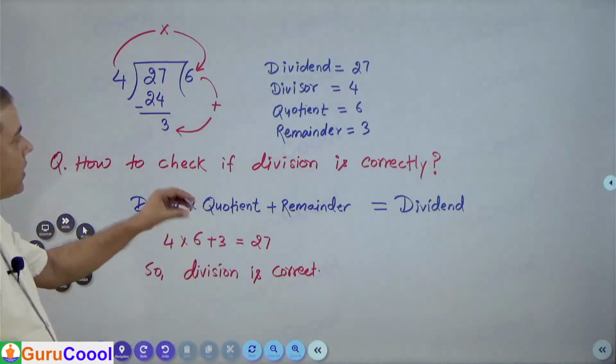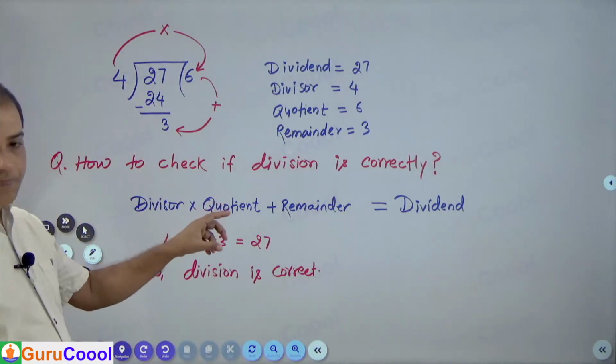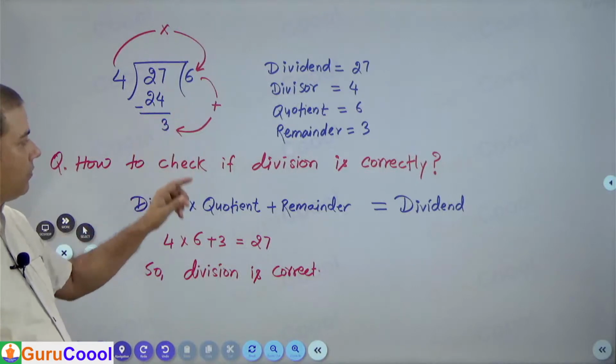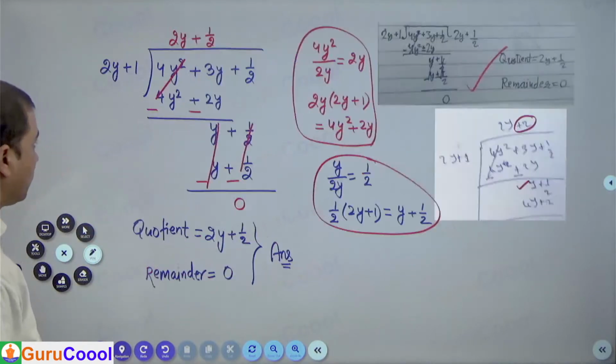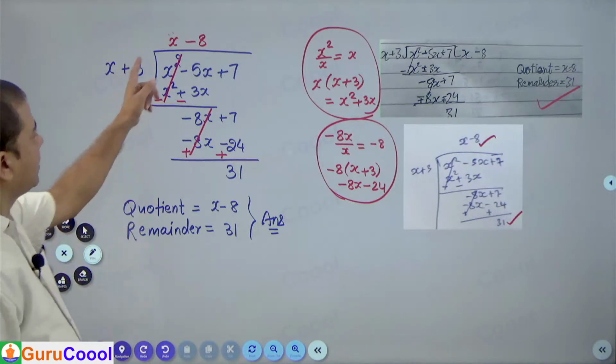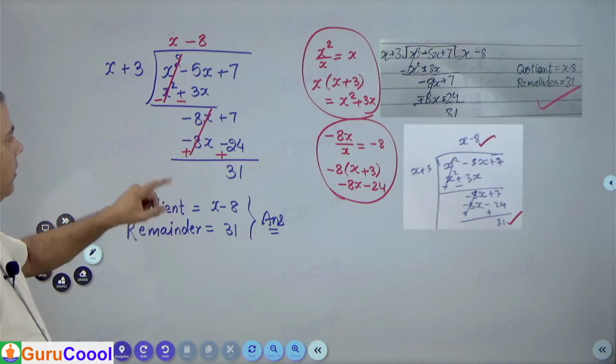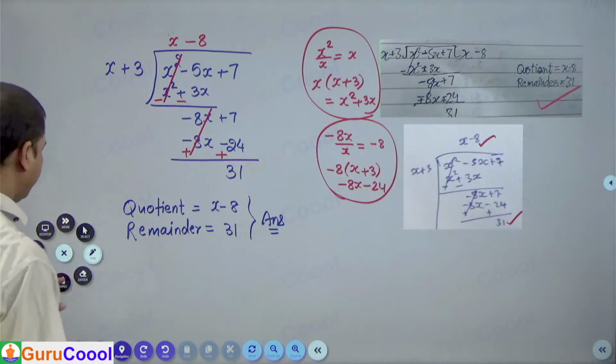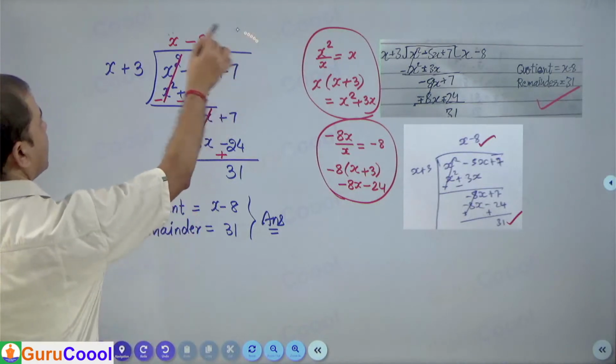We can do the same procedure to check the division for polynomial also, like this one. We have done this division. Let us check if this division is correct. We will check it on the next page.